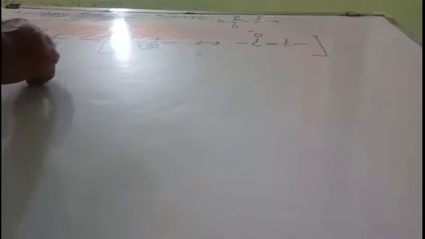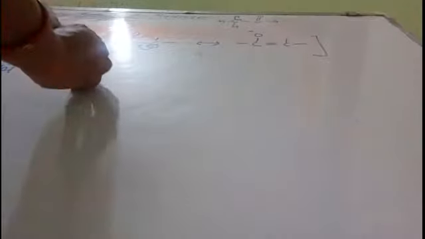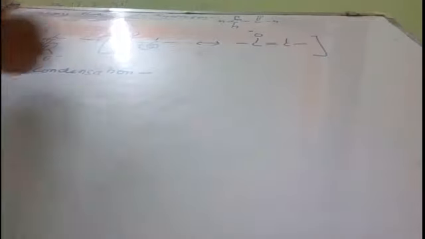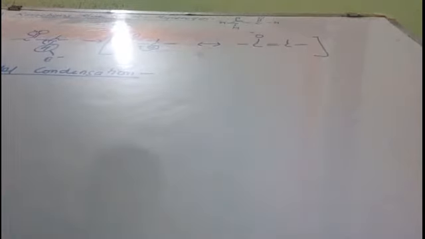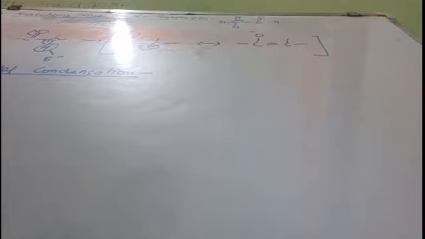The first reaction which is shown by it, and a very important reaction, is aldol condensation. Now what is aldol condensation? Here, the aldehydes and ketones which contain an alpha hydrogen atom, at least one alpha hydrogen atom they should contain, then in the presence of dilute alkali as a catalyst, they condense together to form beta hydroxy aldehyde or beta hydroxy ketone.